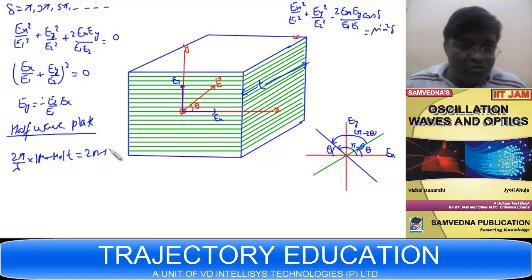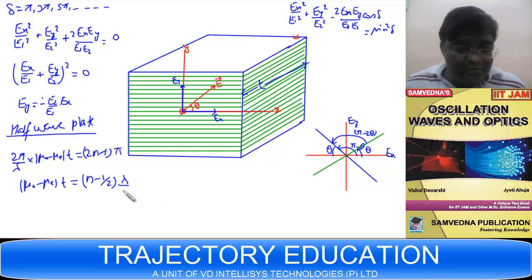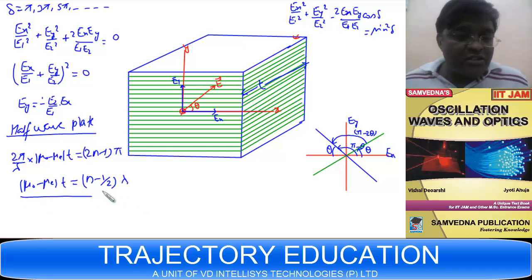So mu naught minus mu e times t gives rise to (2n minus 1) pi, or I can write mu o minus mu e times t is (n minus half) lambda. And hence this is called a half wave plate. It gives rise to a path difference of lambda by 2, 3 lambda by 2, and so on, right? So here this is called a half wave plate.